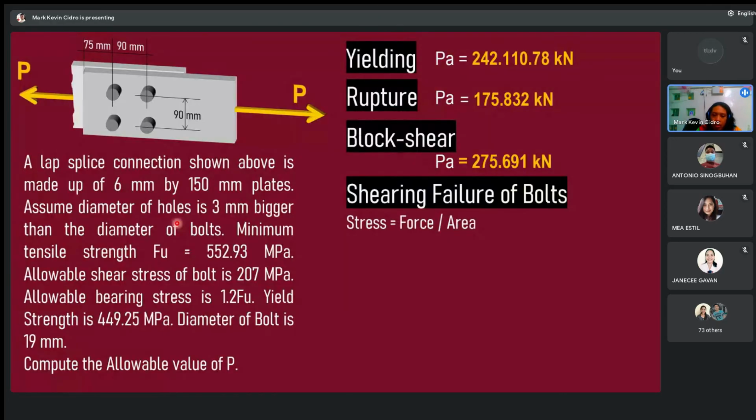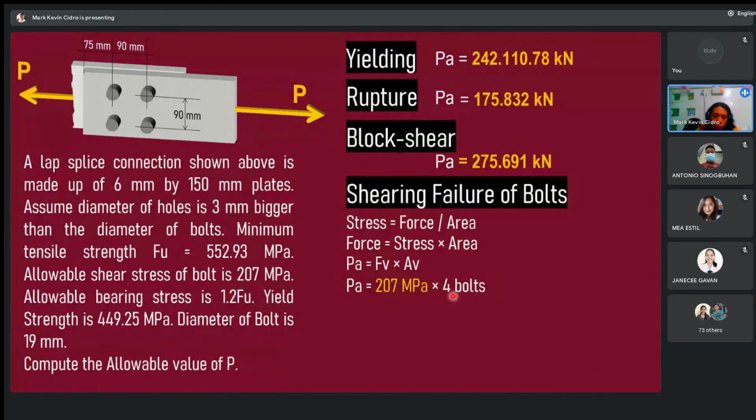Okay, paano man? Di ba? Stress is equal to force over area again. Your PA, that's the force, the allowable. Your FV is the shear strength of the bolts, and that is given, di ba? 207 times AB.